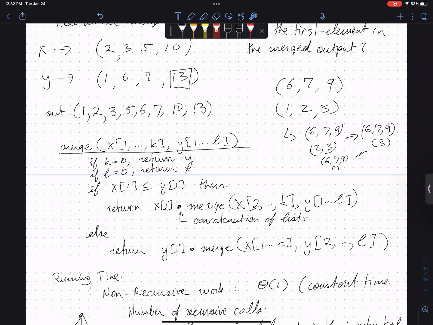If these are linked lists, to concatenate two of them I just have to change the end pointer of one list to point to the beginning of the next list. So that's constant time. If it's two arrays, then I might have to copy all the elements from the second array into the first array, and that's linear time.